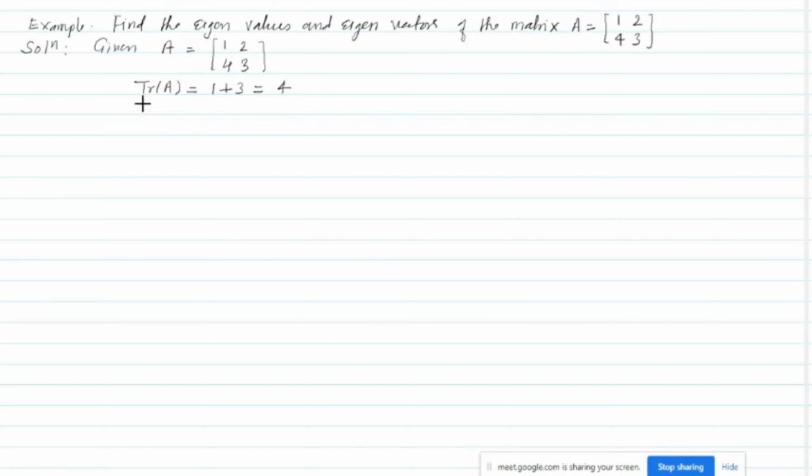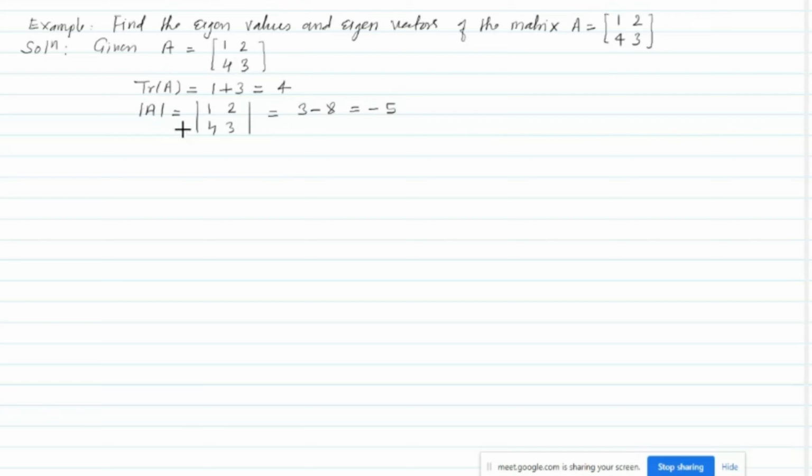Now let us find the determinant of this matrix. Determinant is 1 2 4 3. Okay, so this equals what? Cross multiply: 3 minus 4 times 2, that is 8, so you will get minus 5 as the determinant. Okay, so if the determinant is non-zero, then what? Matrix A is a non-singular matrix.